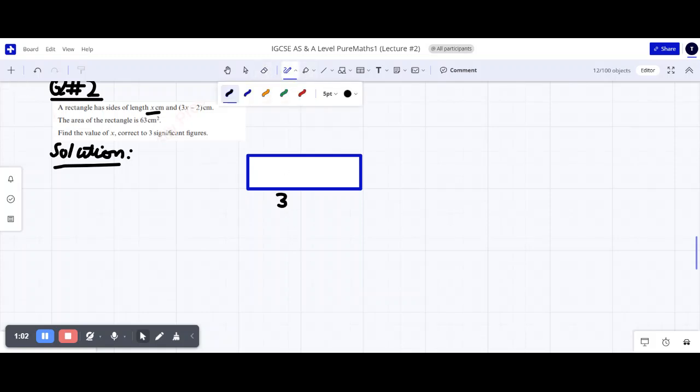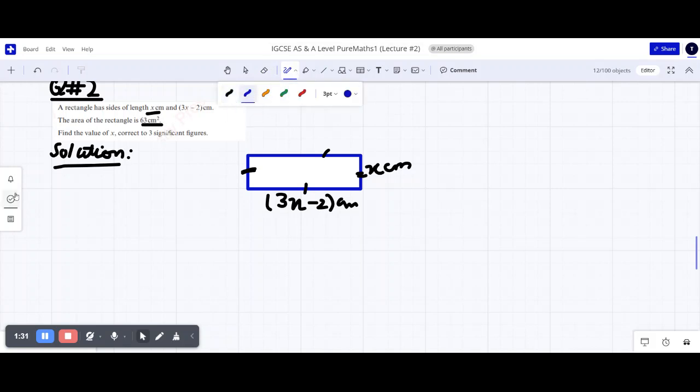We can consider the 3x minus 2 centimeter as this and the side is x centimeter. As we know that the opposite sides are equal. So now the area of the rectangle is given as 63 centimeters square.